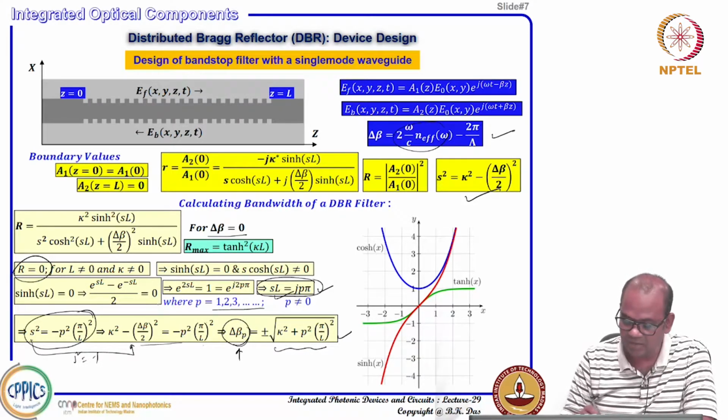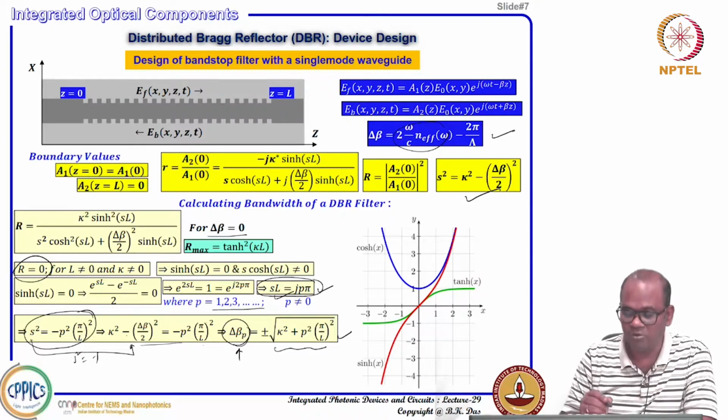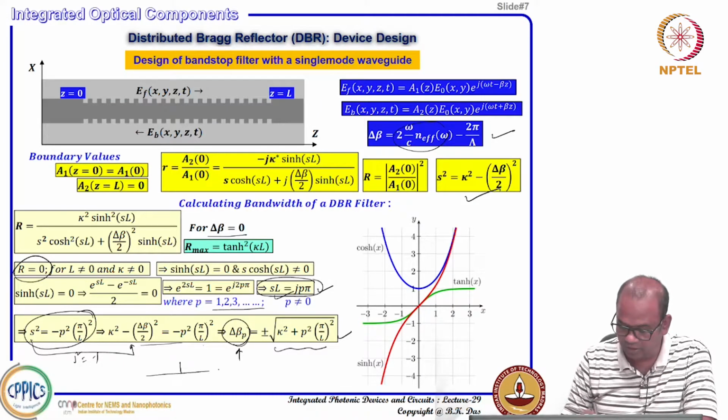So, in principle I will show that for the reflectivity, when delta beta equal to 0, reflectivity can be maximum, and then it can come to 0, and then again another 0 will come, that means in between there will be maxima. So, slowly reducing, this type of characteristics you will get, that oscillations will be there.